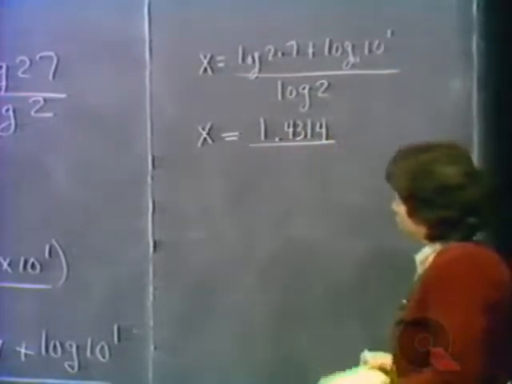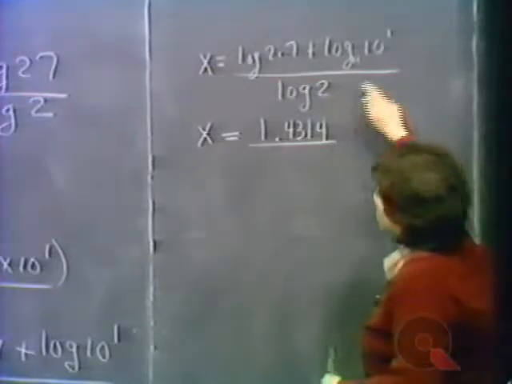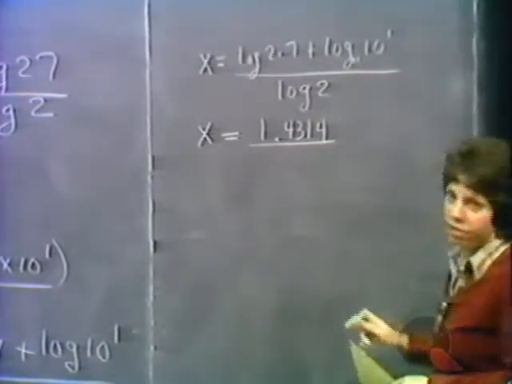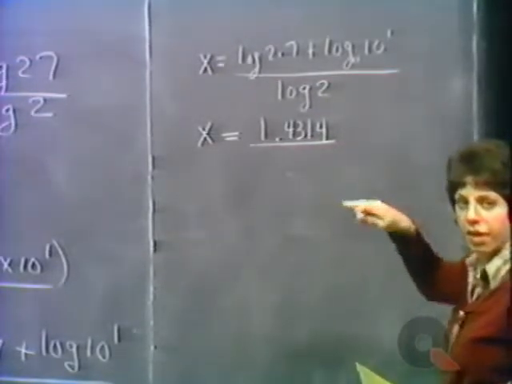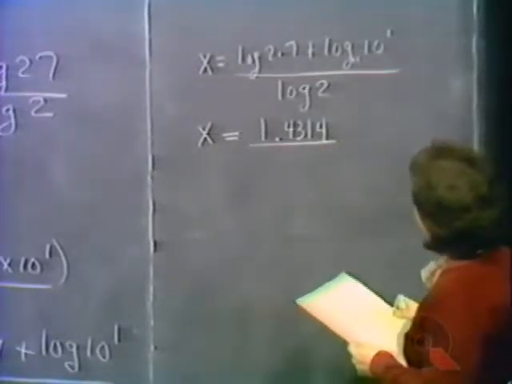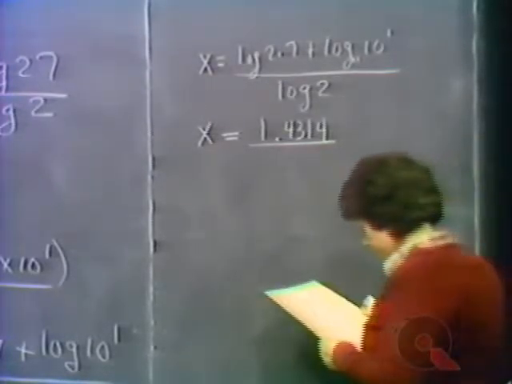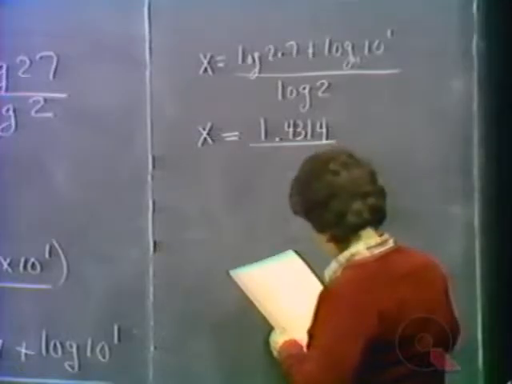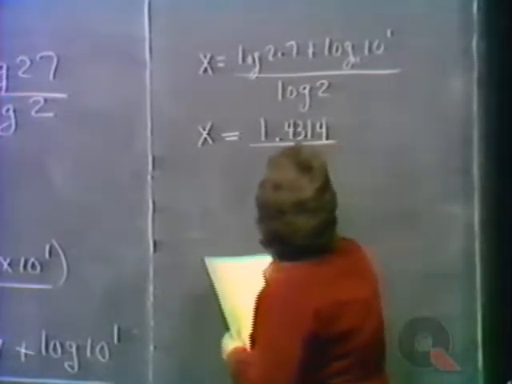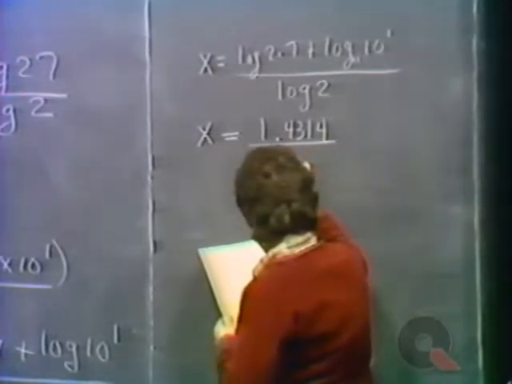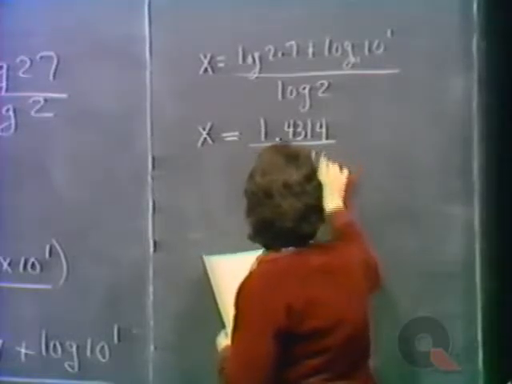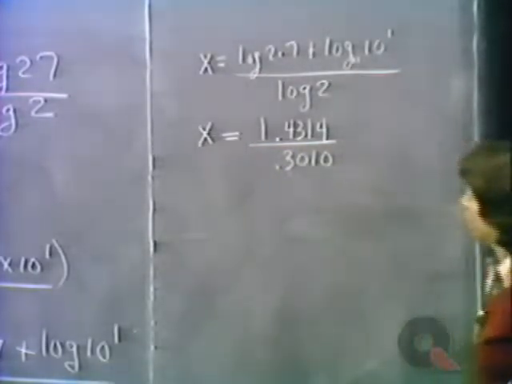Divided by the log of 2, which is like the log of 2.00. So we look down the left side till we find 20, and then across for 0, and we get that the log of 2.00 is 0.3010.